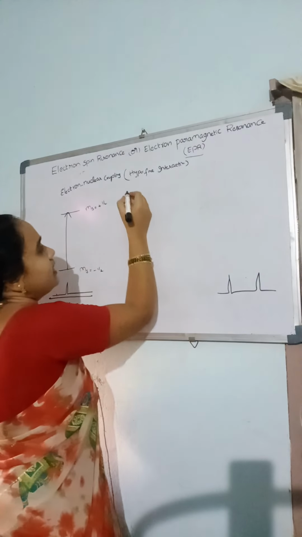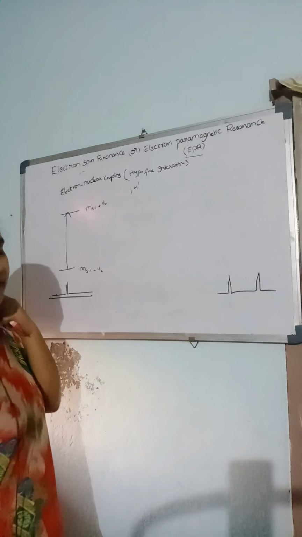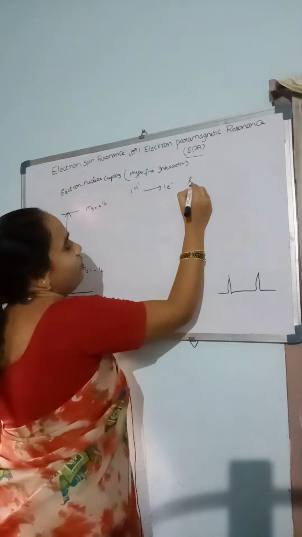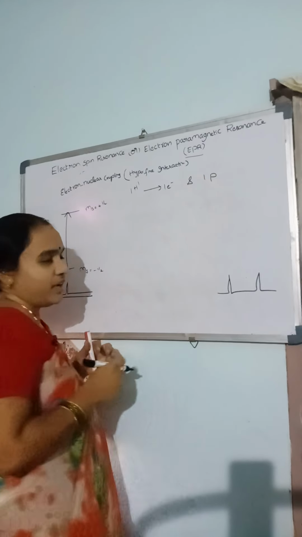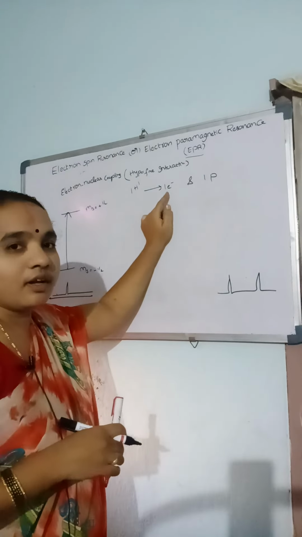If you consider the simplest atom, hydrogen, in a hydrogen atom you have one electron and one proton. When the atom is placed in an external magnetic field, not only the electron but also the proton interacts with the external magnetic field.